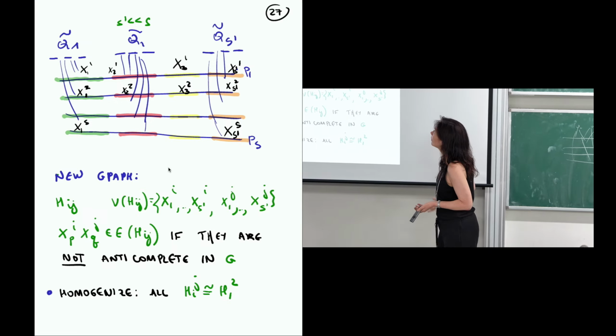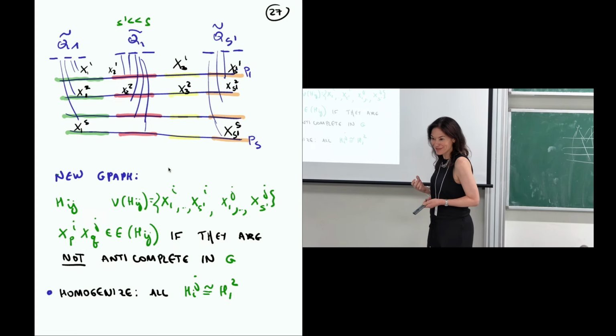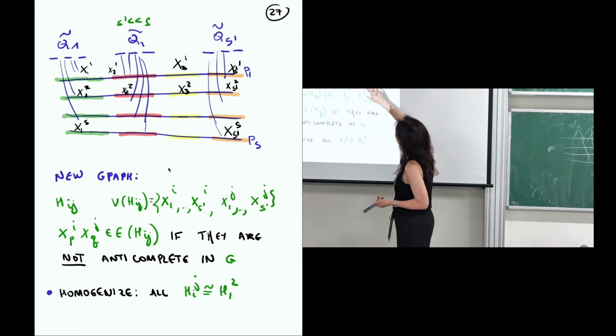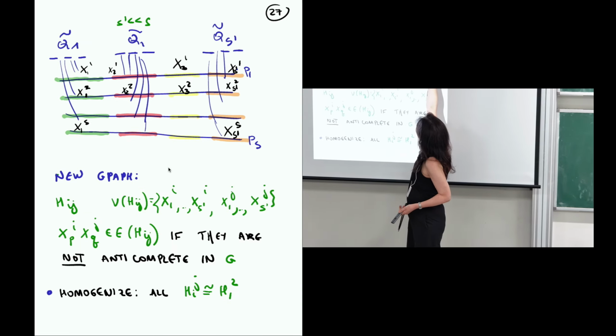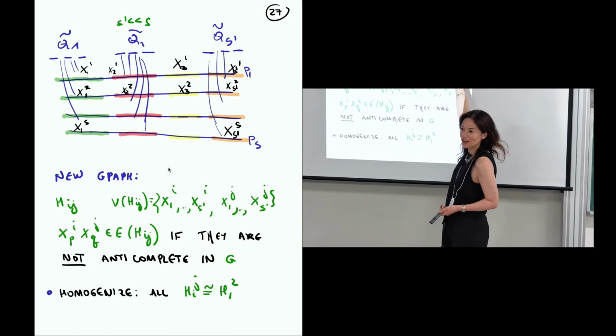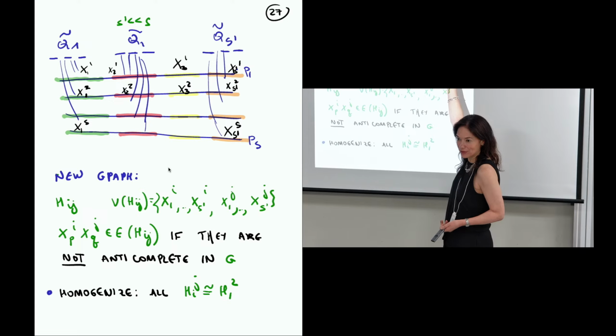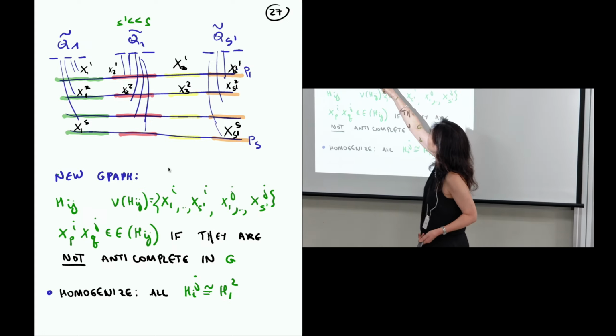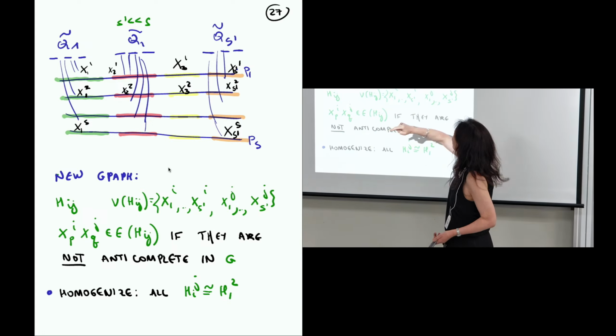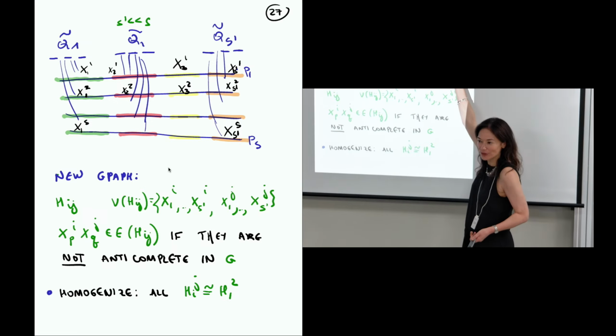And now I'm going to define a graph that tells me how colored intervals of these paths interact with colored intervals on that path. It's a bipartite graph whose vertices are, let's say for path i and j, but I can only reach paths s minus 1 and s over here.